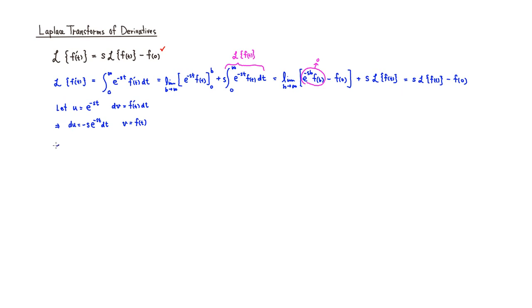If you look at the Laplace transform of the second derivative, f double prime of t, we can use the first derivative formula. It's going to be s times the Laplace transform of f prime of t, minus f prime of 0.